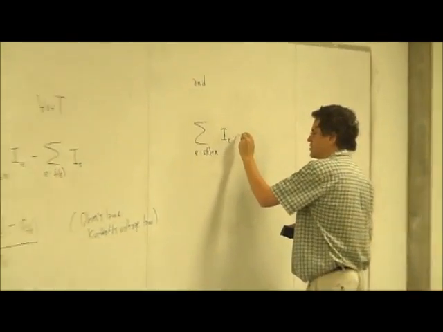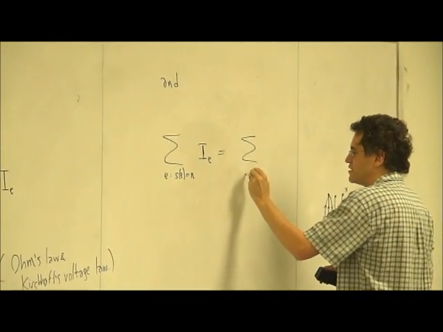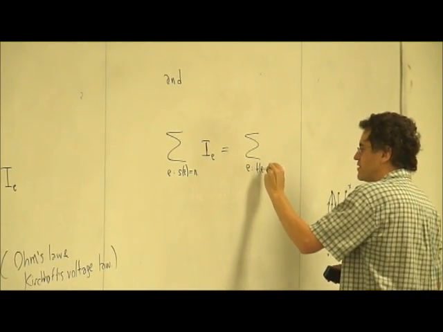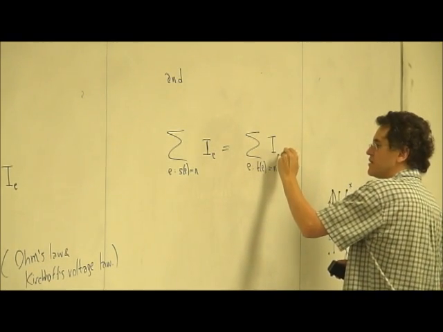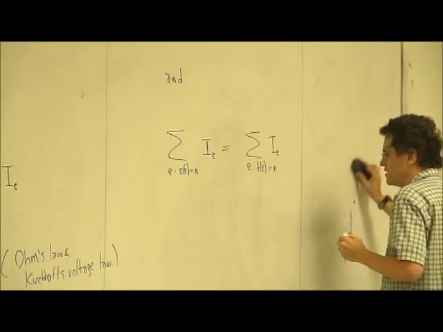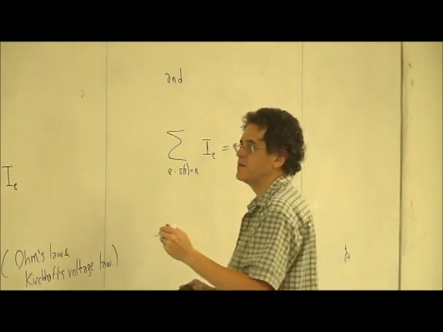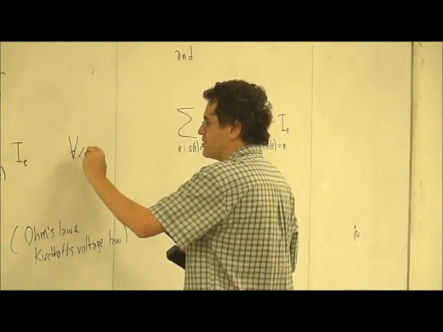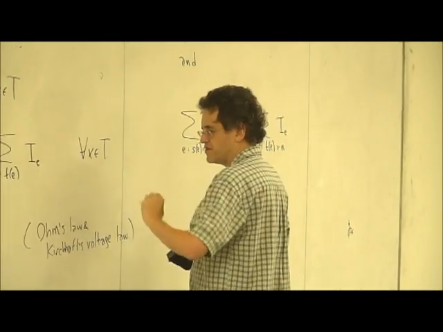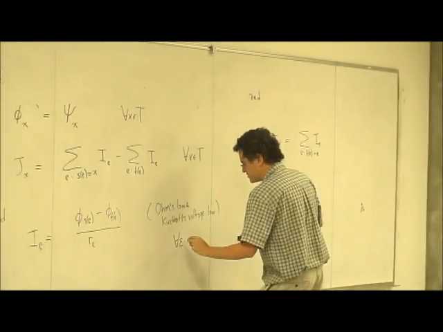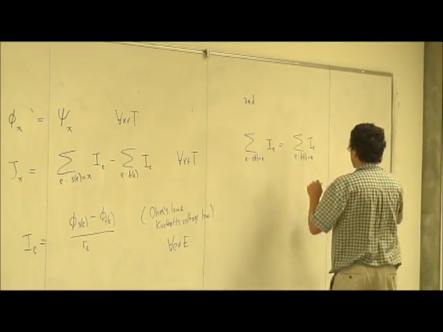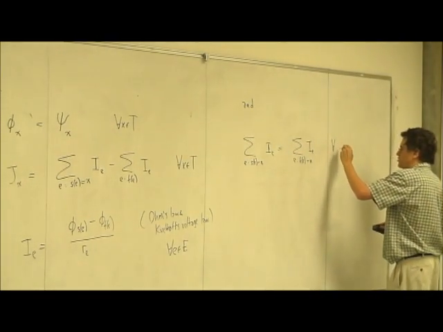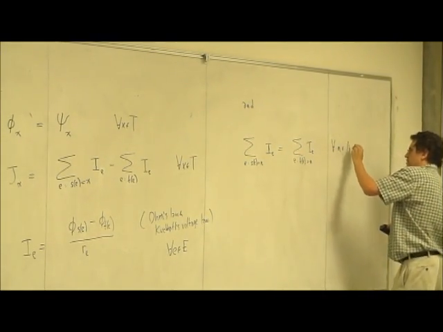So for non-terminals, the current flowing in equals the current flowing out. This is for all terminals, this is for all edges. And then finally, Kirchhoff's law is supposed to hold for all nodes that aren't terminals.